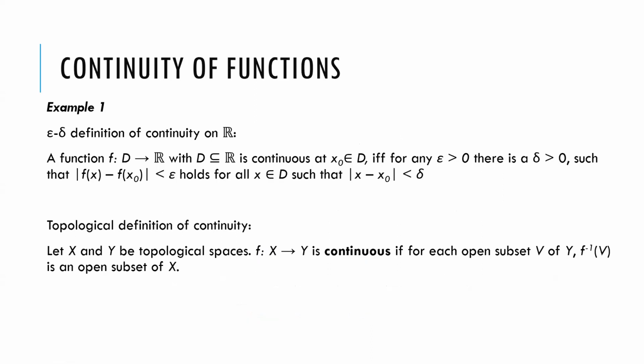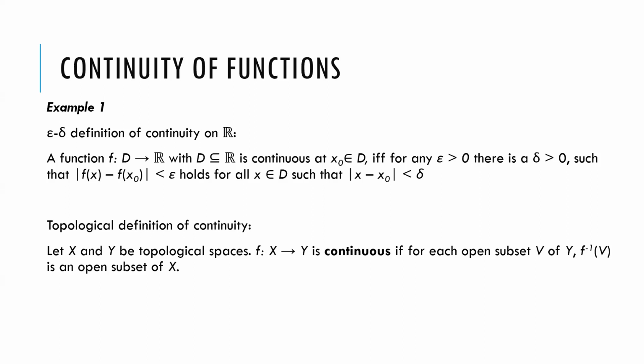And from there, we go to our first example. Most of us are familiar with the epsilon-delta definition of continuity on R, which we study in calculus and then probably in analysis. And it's actually equivalent to our topological definition of continuity.